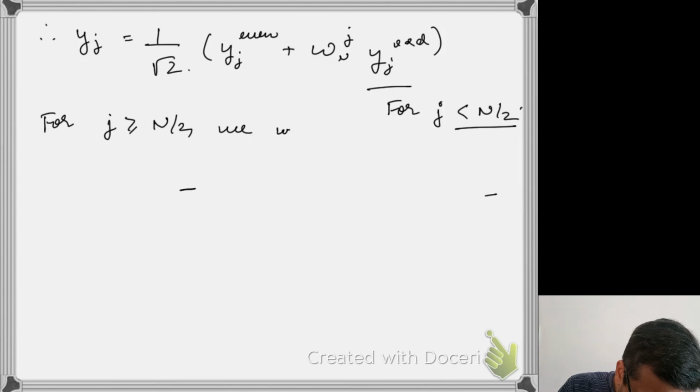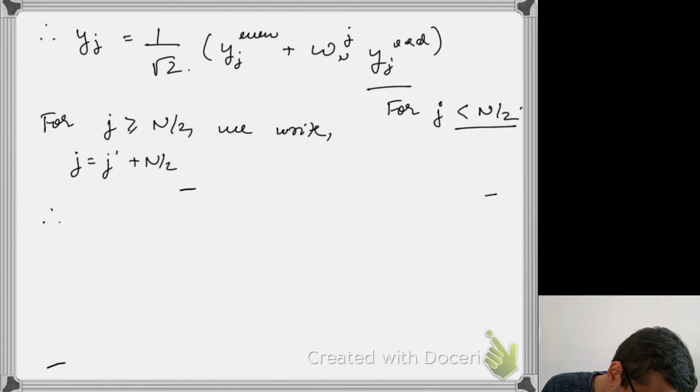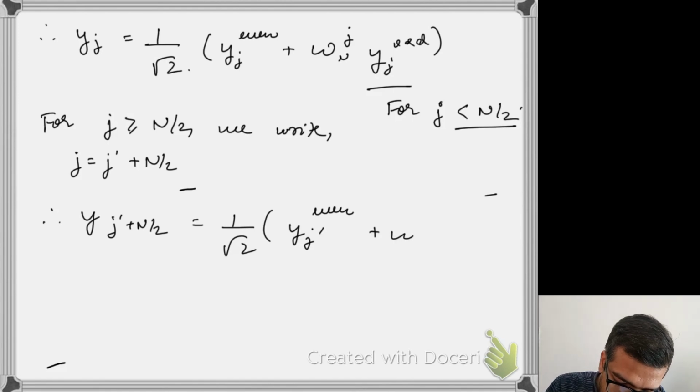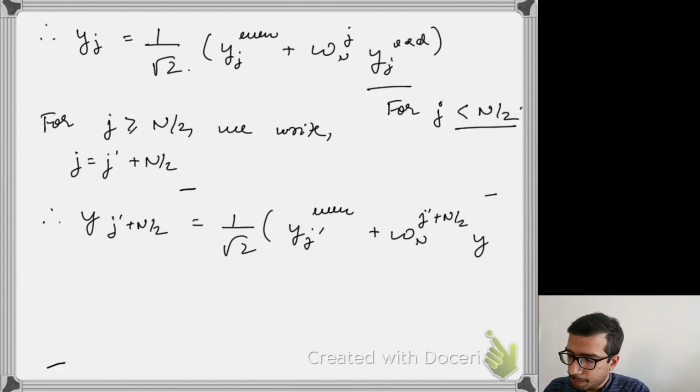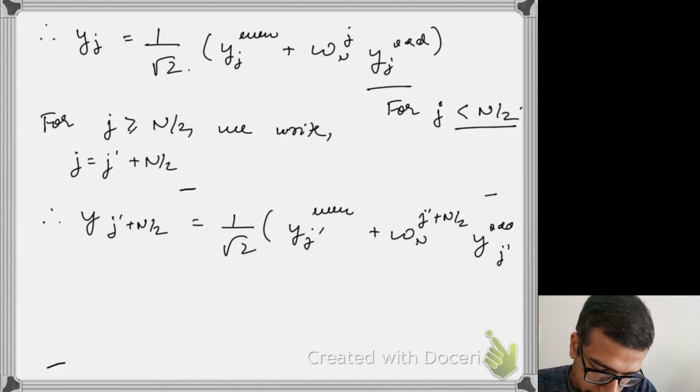we write j as j prime plus n by 2. So therefore y sub j prime plus n by 2 equals 1 over root 2 times y sub j prime even, okay, plus omega sub capital N to the power j prime plus n by 2 times y sub j prime odd, right?